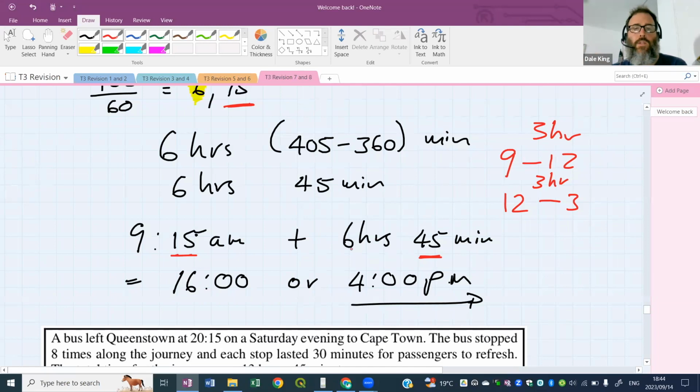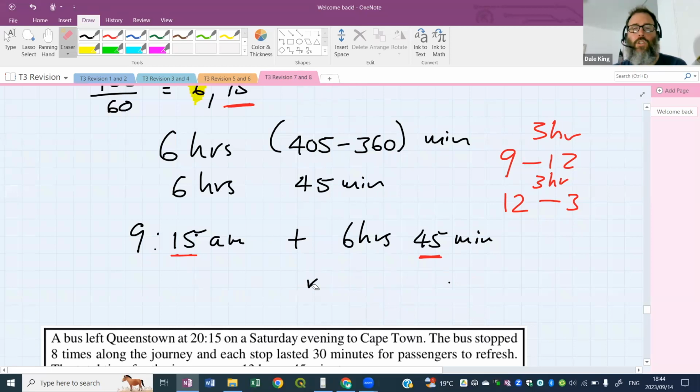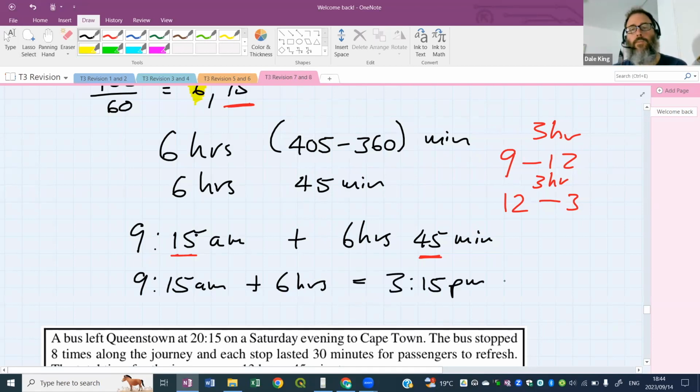So if we did 6 hours exactly and just added the 6 hours onto 9:15, so watch here, 9:15 plus 6 hours only would take us to 3:15 p.m. But I've still got the 45 minutes I need to add on. So 3:15 p.m. plus the 45 minutes will take us to exactly 4 p.m. You with me? Yes, sir.